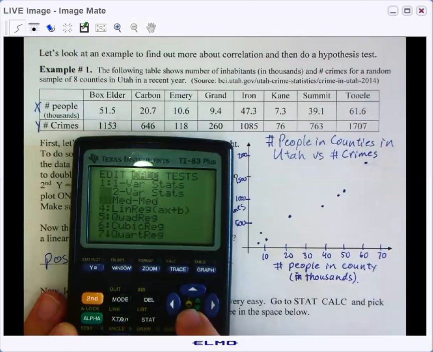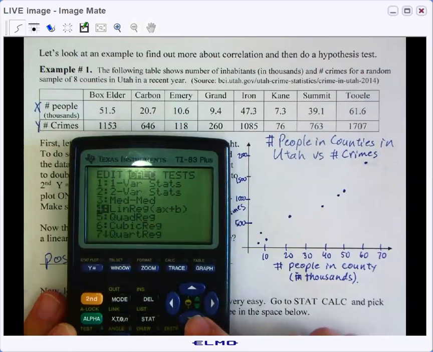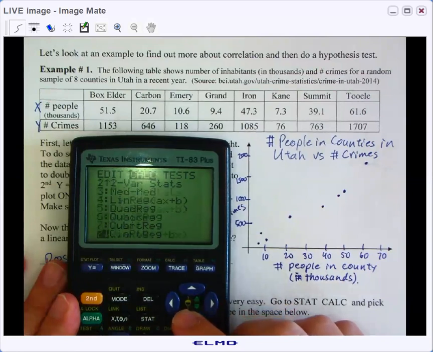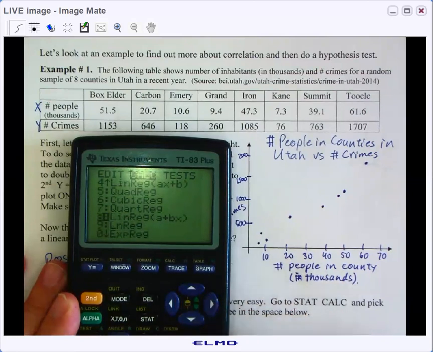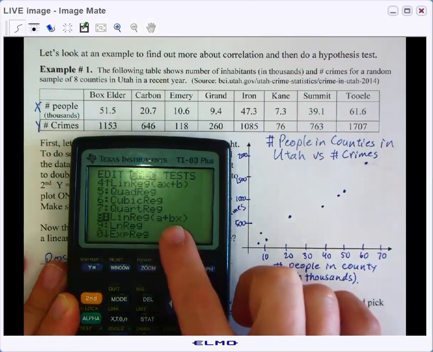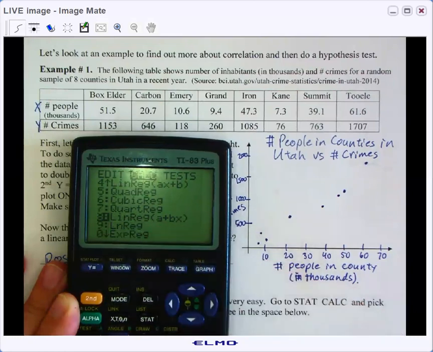There's one option, number 4, that's LinReg ax plus b. That's the one mathematicians use, but statisticians prefer, in this case, option A, LinReg a plus bx. They will eventually get you the same result. You just have to remember which one's the constant term and which one's the slope term.